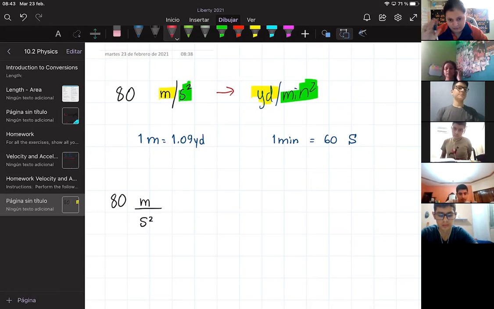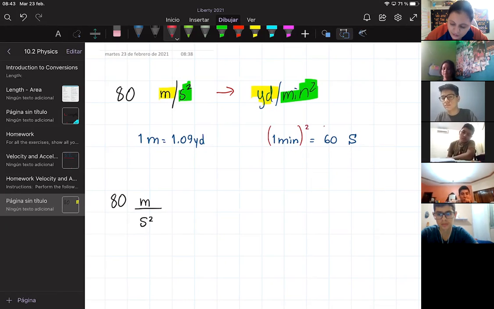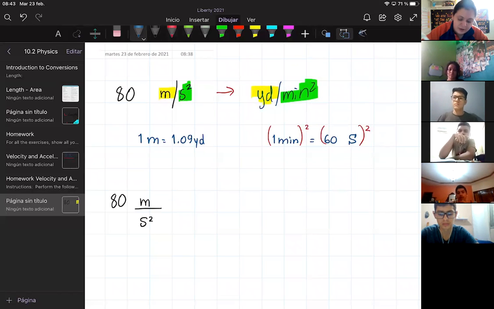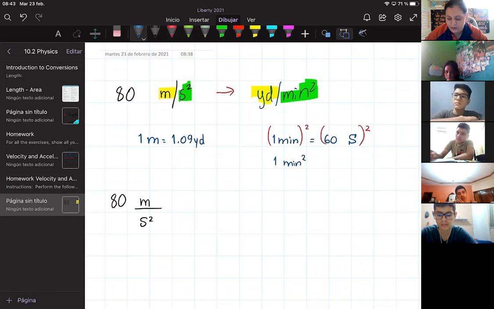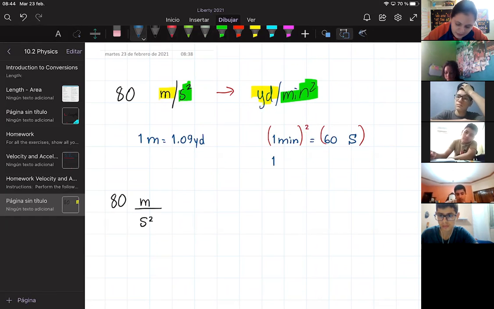So going back, these are minutes, linear minutes, okay? And you need minutes to the second power. So the only thing to do is raising both sides of the conversion factor to the second power. So when you solve each side, you're going to have 1 minute to the second power here, because 1 to the second power is 1, and minute to the second power gives you minute squared.